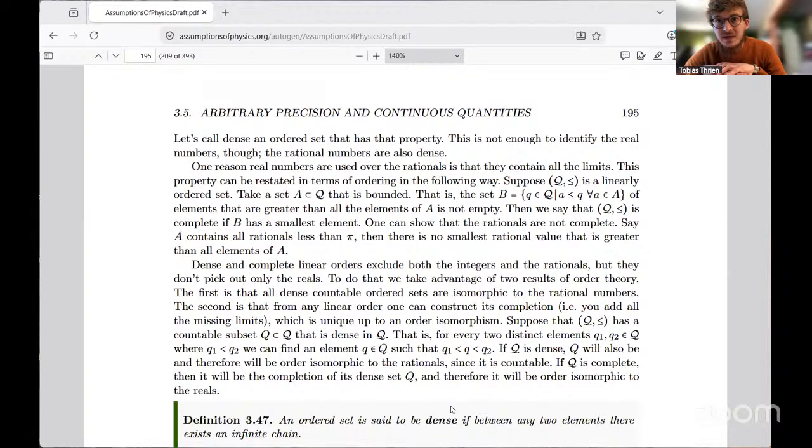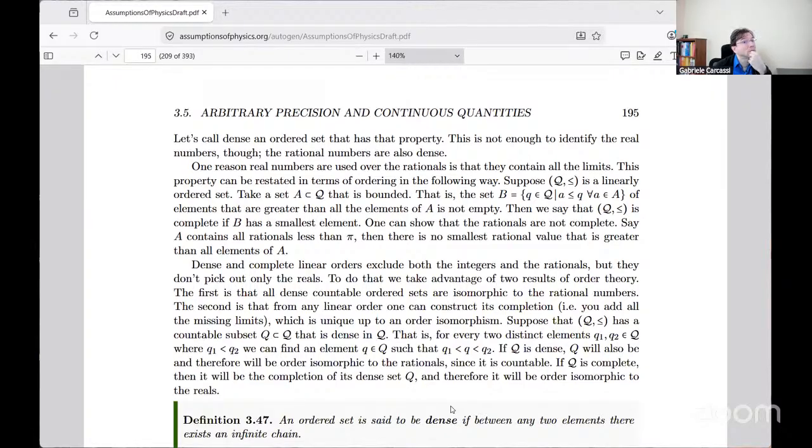One can show that the rationals are not complete. Say A contains all rationals less than pi. Then there is no smallest rational value that is greater than all elements of A. So this is basically, there's always a supremum, but we have the limits if the supremum is a maximum. Is that the same? Yeah, you don't have a supremum.